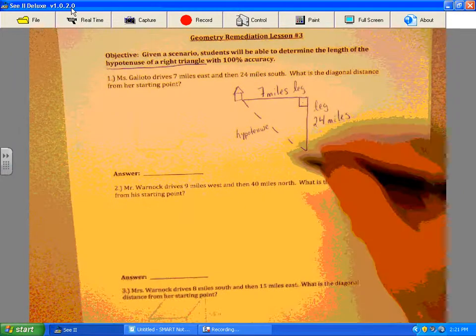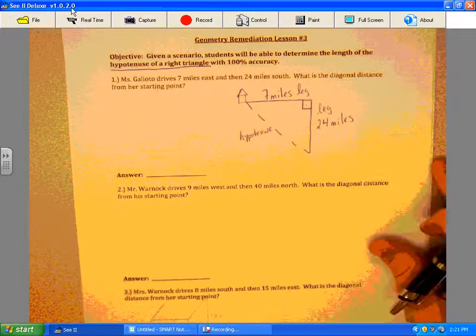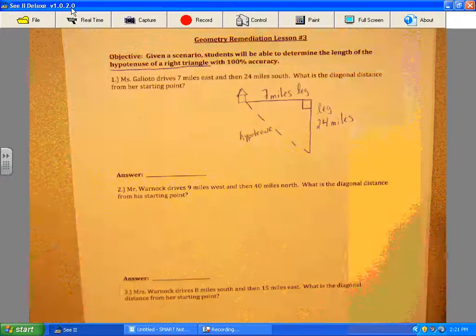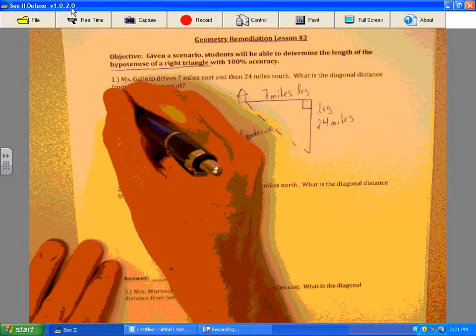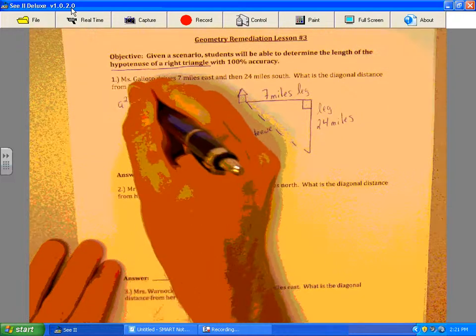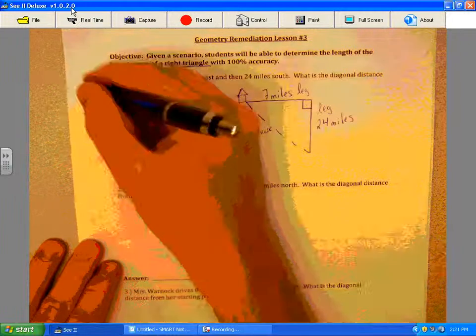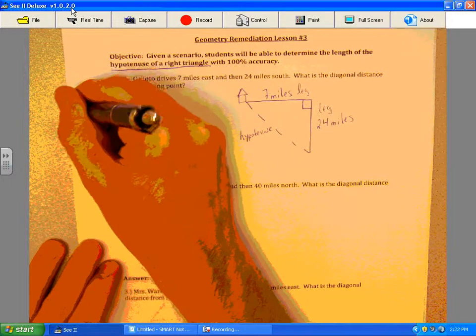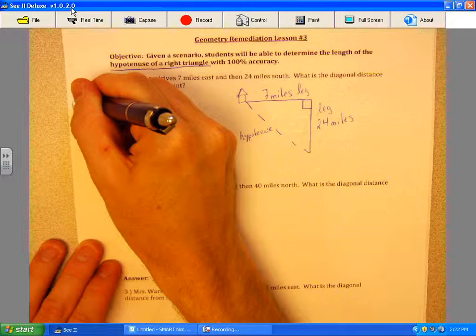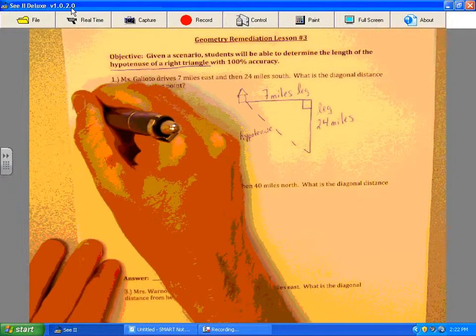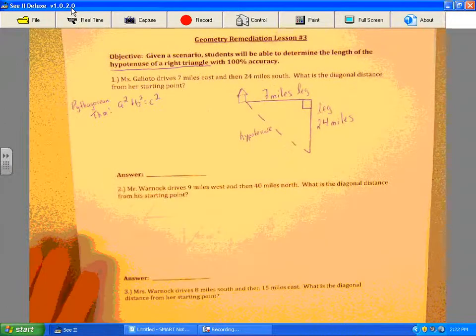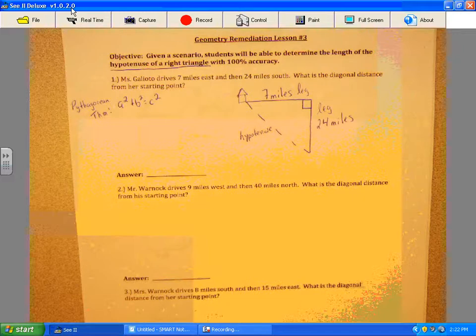Now, to determine the hypotenuse of this right triangle, we're going to use the Pythagorean theorem, which states a squared plus b squared equals c squared. And that is the Pythagorean theorem.